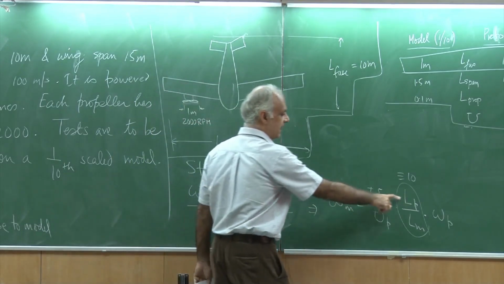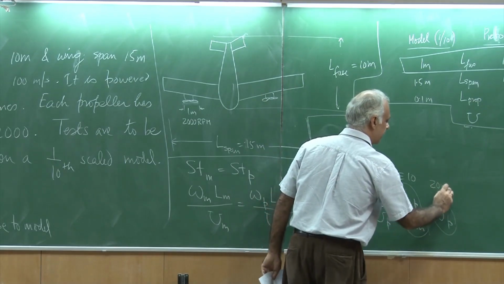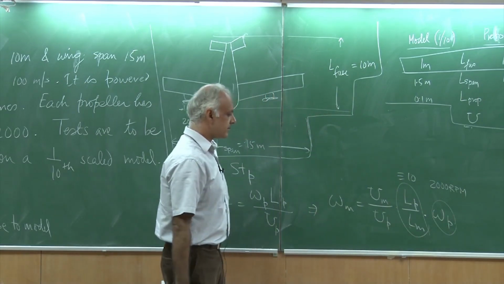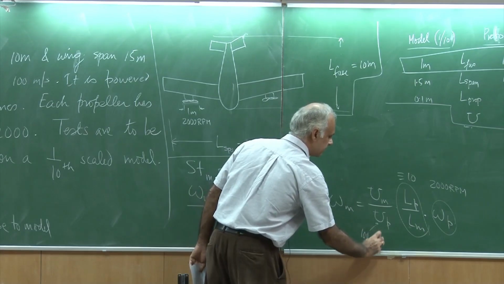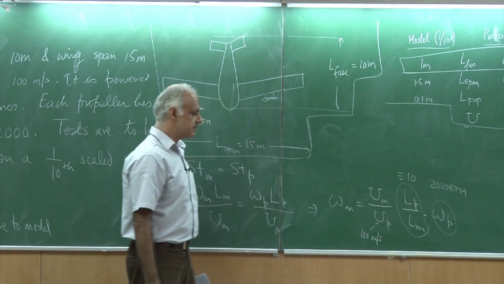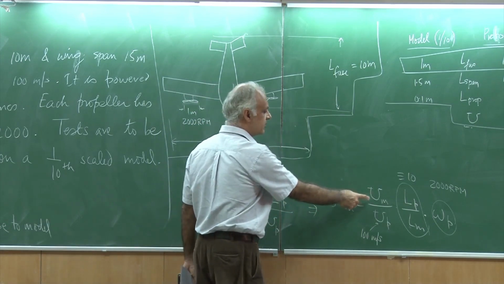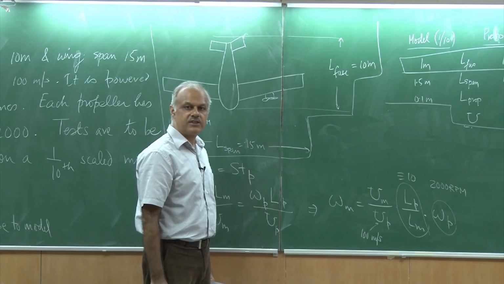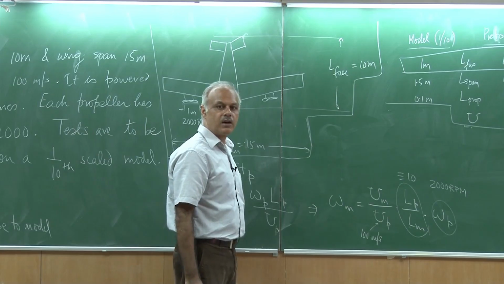So the prototype is 10 times larger than the model. This I know is 2000 RPM. I know the u prototype, this is 100 meter per second. And now it turns out that depending on the speed of the wind tunnel at which I do the test, that will determine the omega for the model.